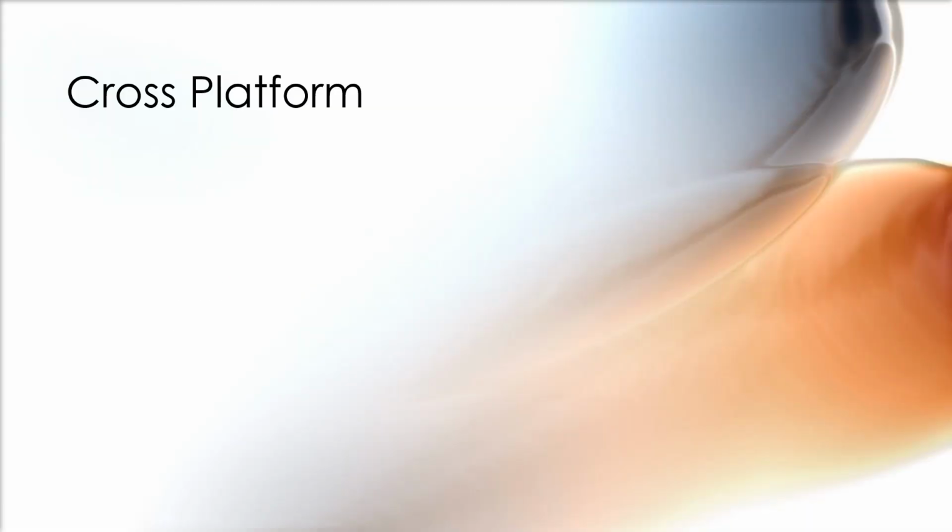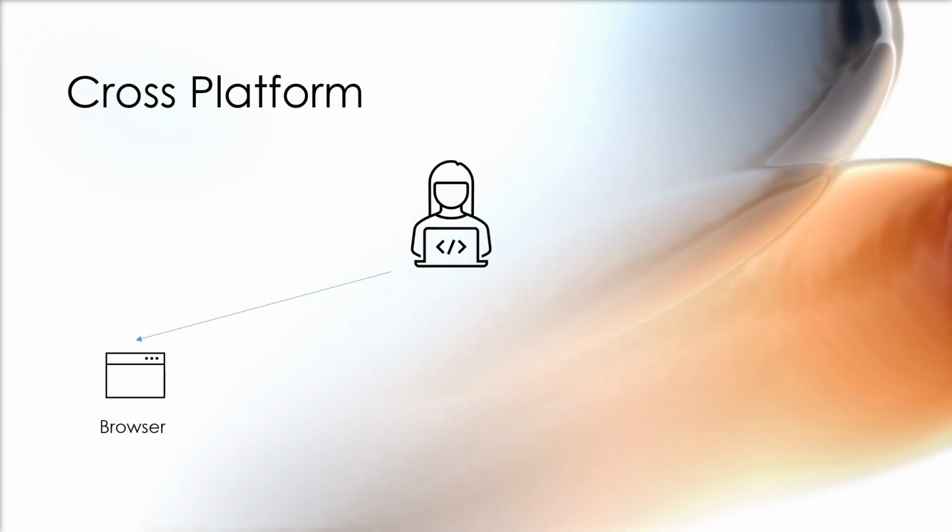Now let's talk about the next item in that feature list, which is cross-platform. I've already talked about this feature in my first video where I discussed how Angular serves as a platform. Here I'm just going to reiterate that when you create a website, that can only be run in a browser, because a website is mostly created using HTML, CSS, JavaScript, which is only known by a browser. So your browser knows how to render using this technology.